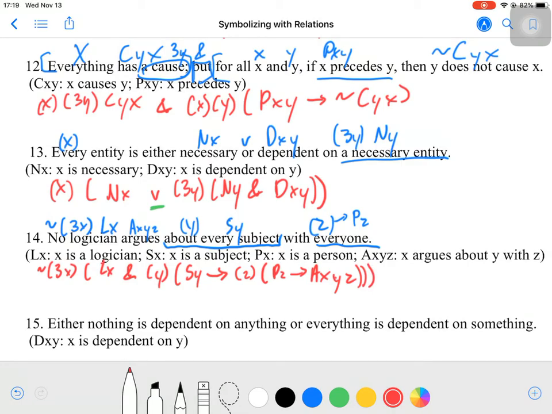An alternative translation would be, for all of x, if x is a logician, then it's not the case that for all of y, Sy arrow, for all z, Pz arrow, Axyz.